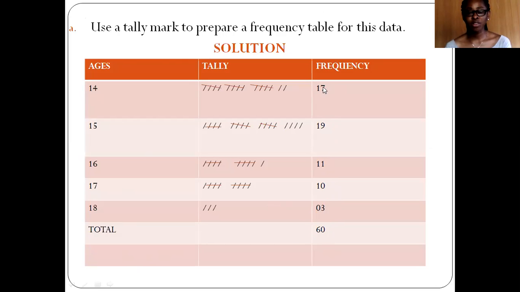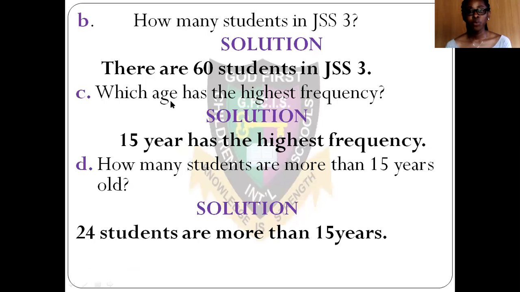The frequency that occurs most is 19. So 15 years has the highest frequency.